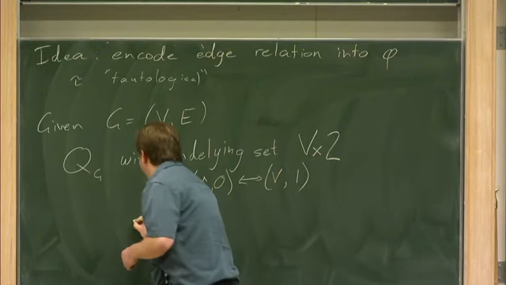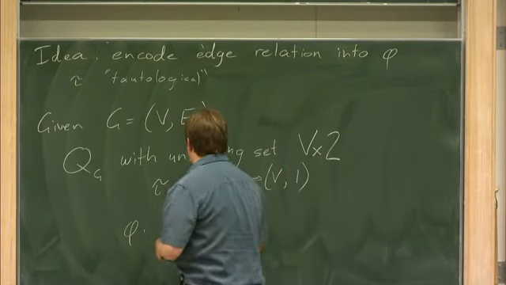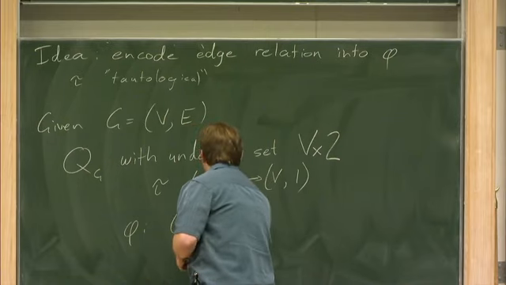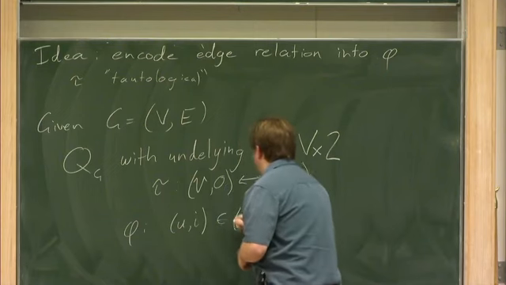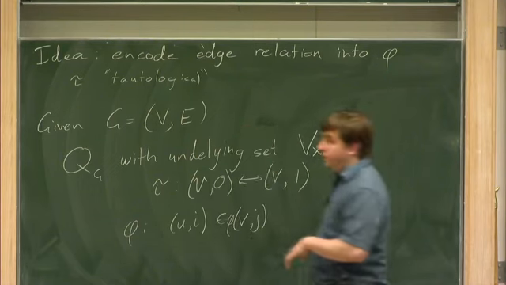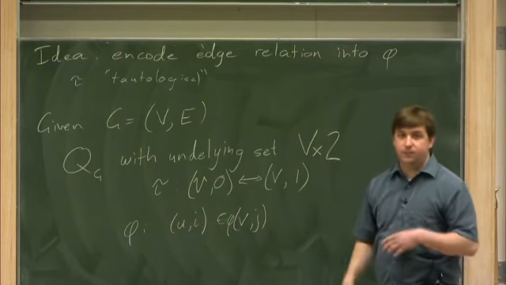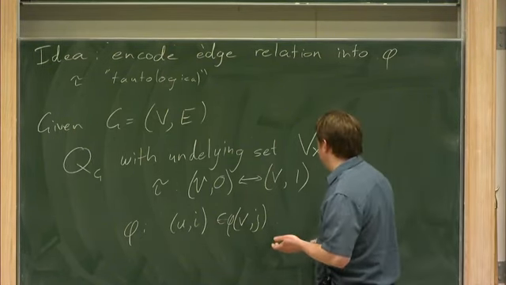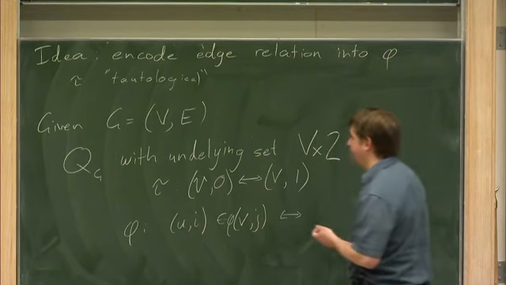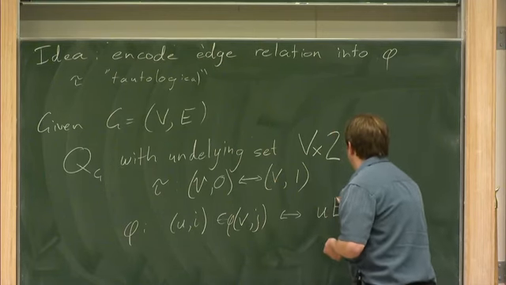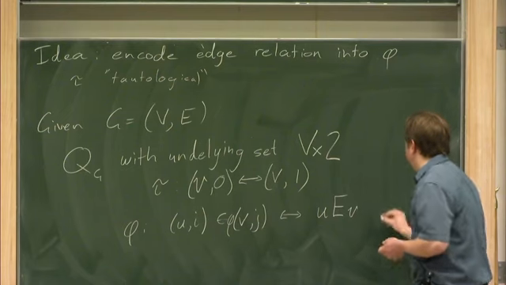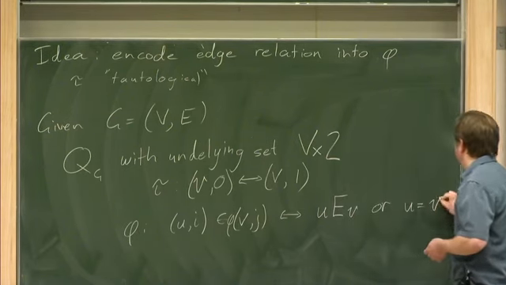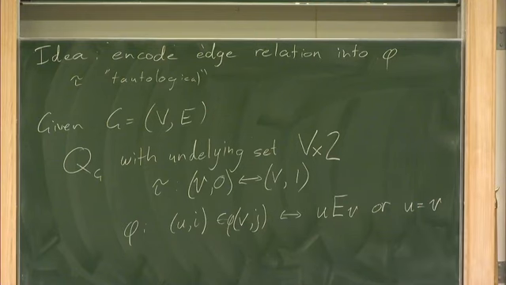And phi: U_i is in phi of V_j. Well, first of all, you ignore the second component because that's what you need to do to make things Tor-replete. And then you just say that holds if and only if U has an edge to V, or of course U equals V. So that's how we define a quandle from a graph.